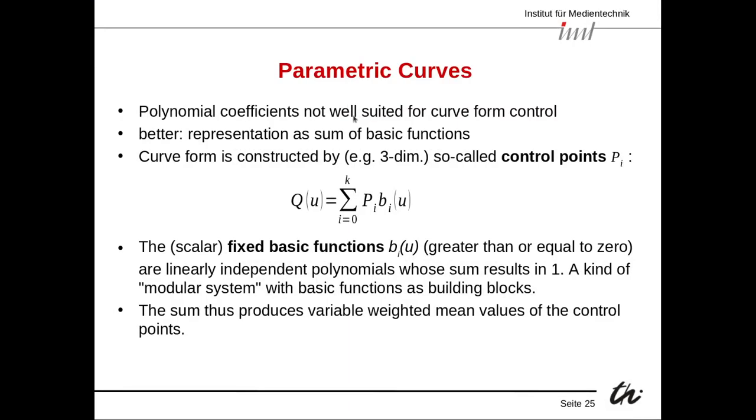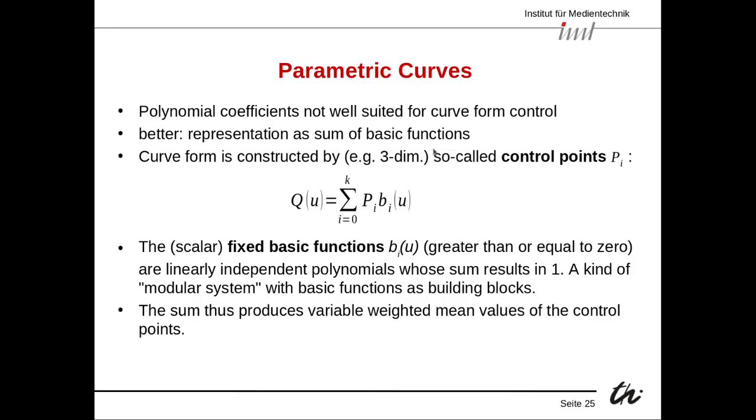When we have a polynomial, the meaning of P can be extracted from the Taylor expansion, but it's not so obvious for designers of 3D graphics. So that's why we use the representation as the sum of basis functions, right?